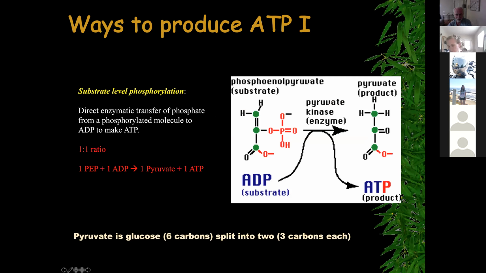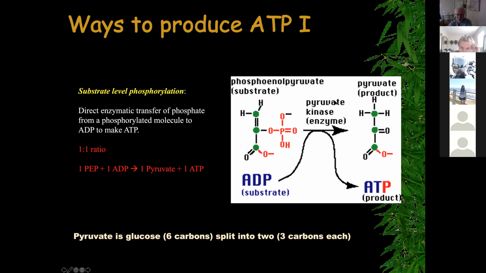You've seen this before. What does substrate level phosphorylation mean? It's the direct enzymatic transfer of a phosphate from a phosphorylated molecule to ADP to make ATP. Very often that phosphorylated molecule is PEP, phosphoenolpyruvate, which is pyruvate with a phosphate group attached.